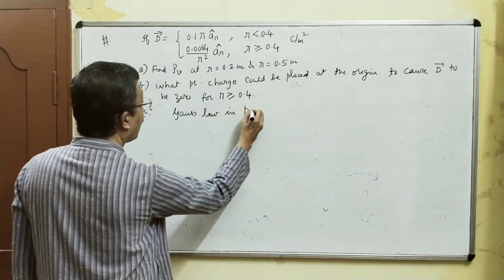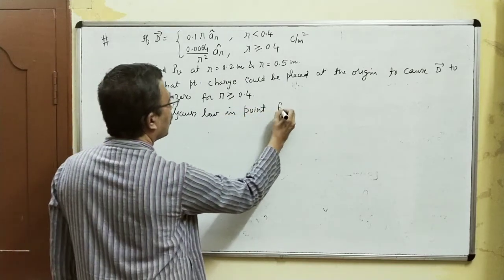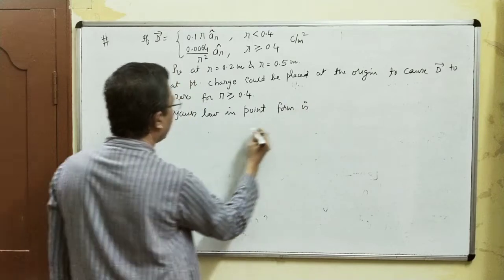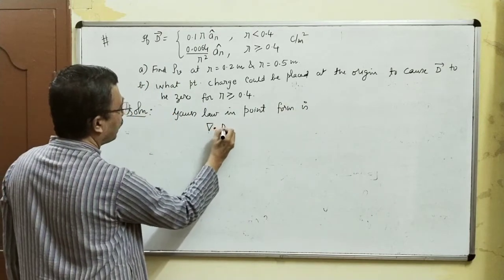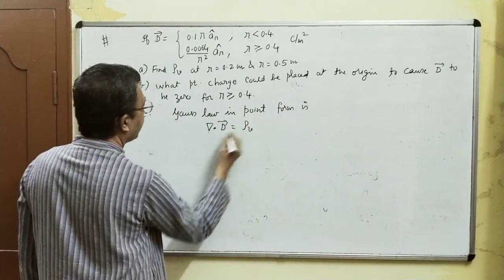Gauss law in point form is divergence of D is equal to rho v.